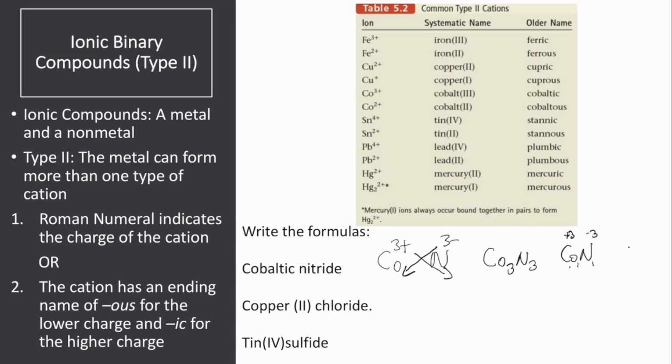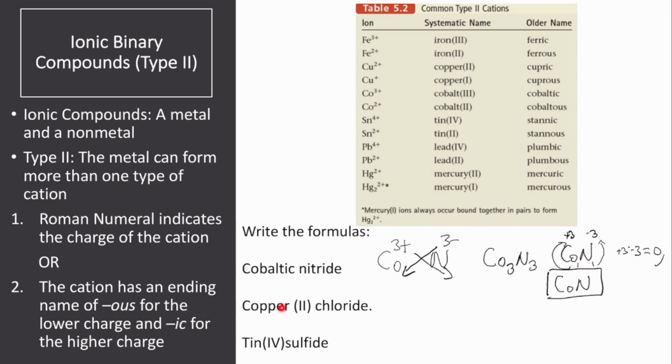So we multiply 1 times +3 is +3, and 1 times -3 is -3. So that would give us 0. So cobaltic nitride is cobalt and nitrogen 1:1.